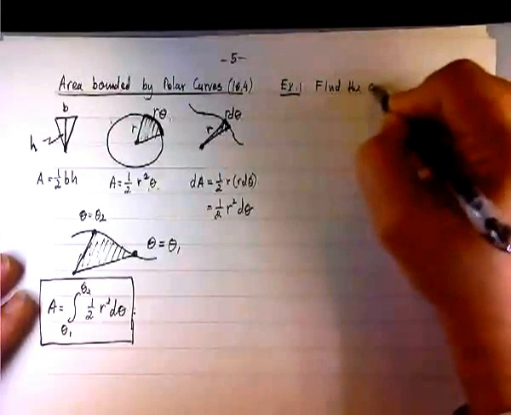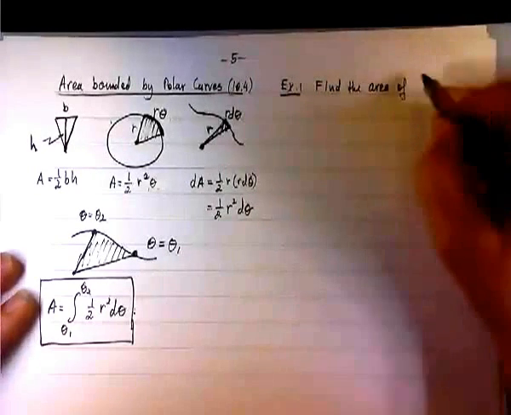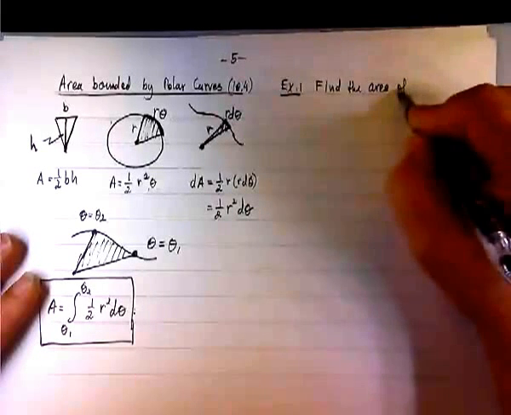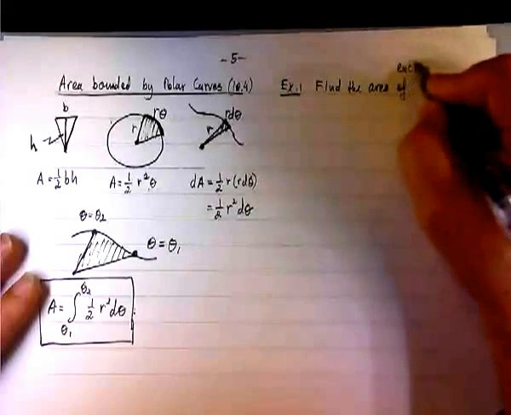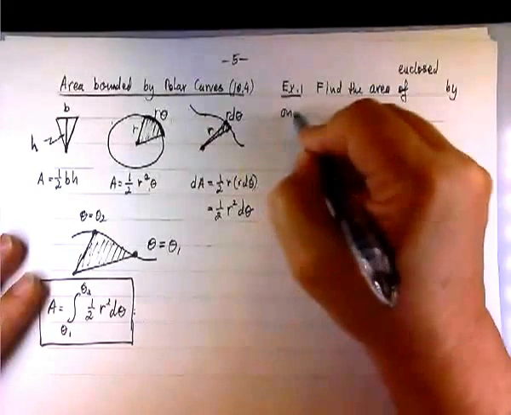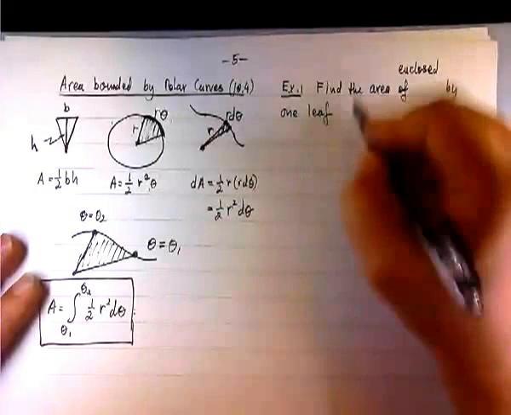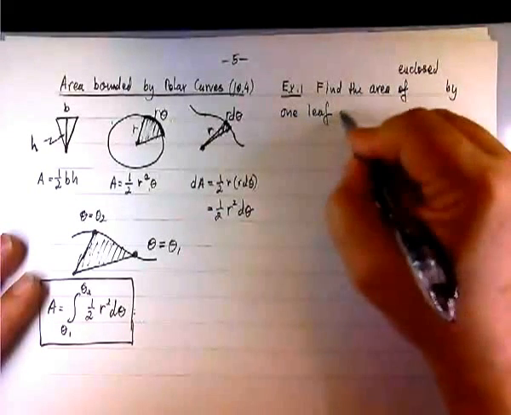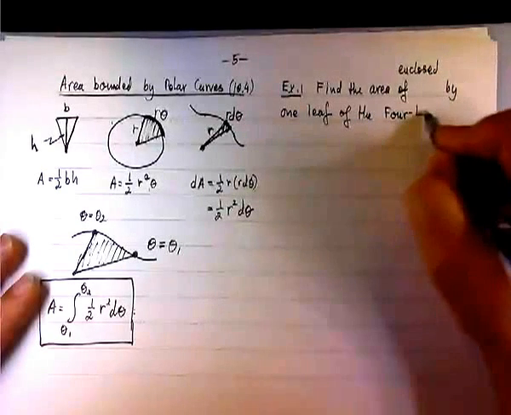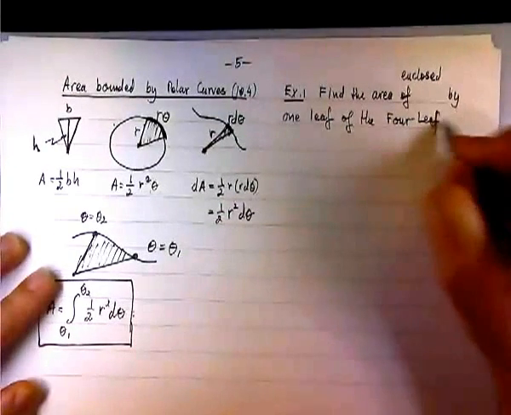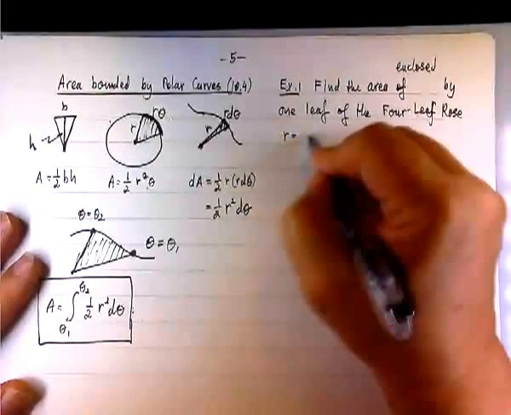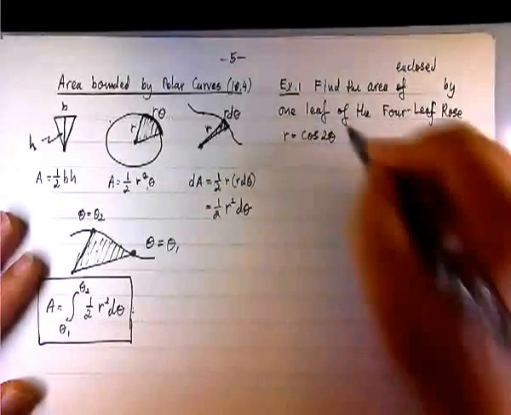Find the area enclosed by one leaf of the four-leaf rose. Remember, the four-leaf rose was r equals cosine 2 theta.